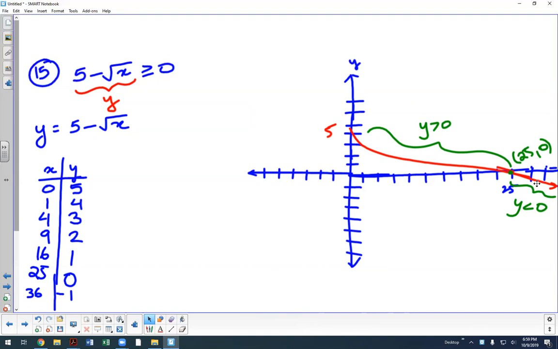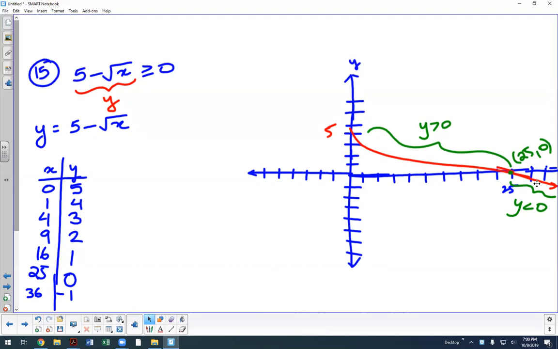So the interval would be from 0 to 25, including both 0 and 25, correct? Because at 0 itself is where I have my 5, so of course my y value is positive here. And till I get to 25, they're all staying positive. At 25, it becomes 0. Since we are including 0 in there, obviously I can use 25 also.